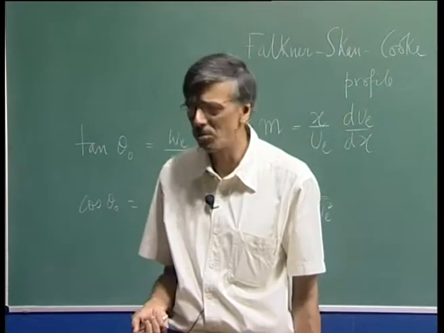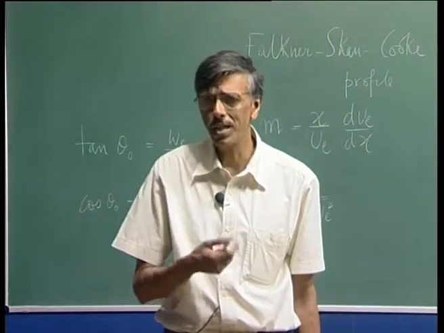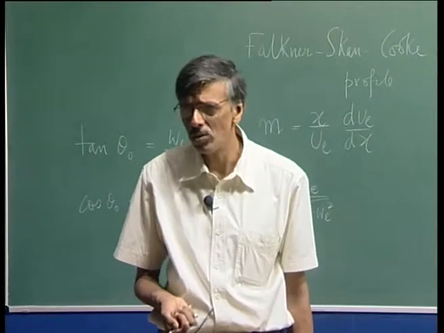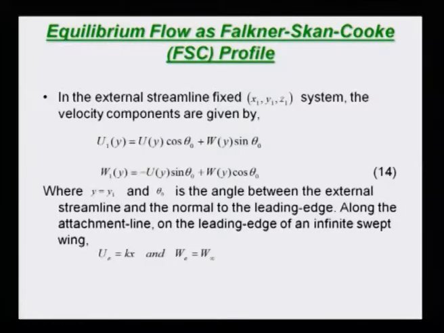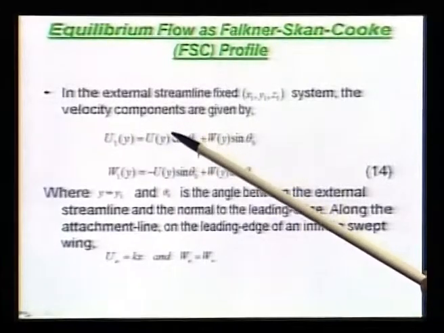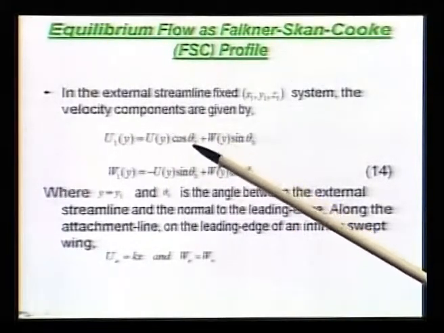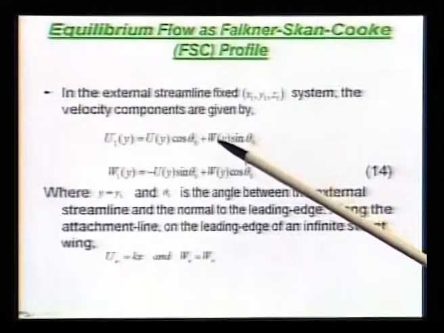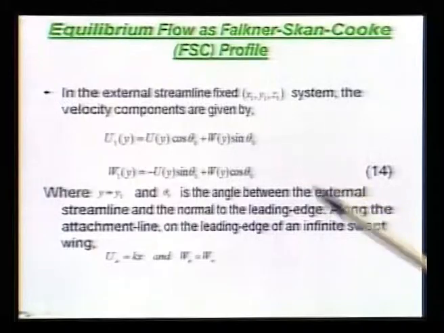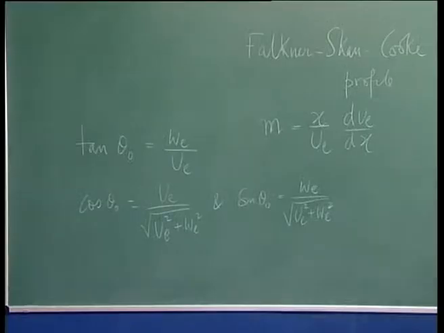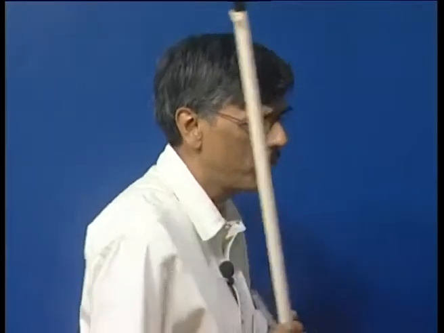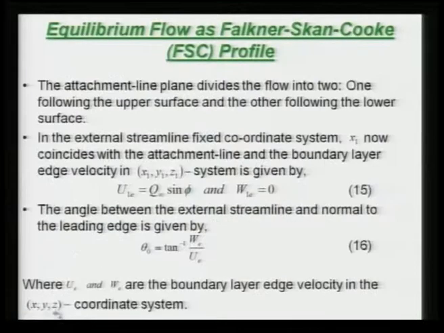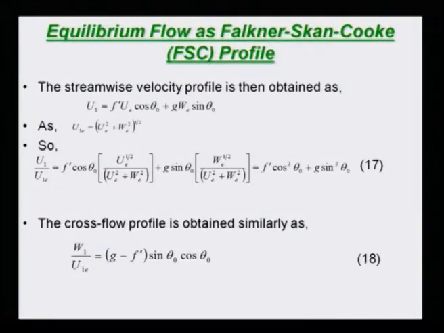We have the definition of psi. So, we can differentiate it with respect to y to get u. So, this will be substituted in terms of f prime cos theta naught. We will use this expression for sin theta naught, we have it, and this also we can define in terms of g. Right. So, if we know this, then there is no problem, because then we can go ahead and we are going to get this.